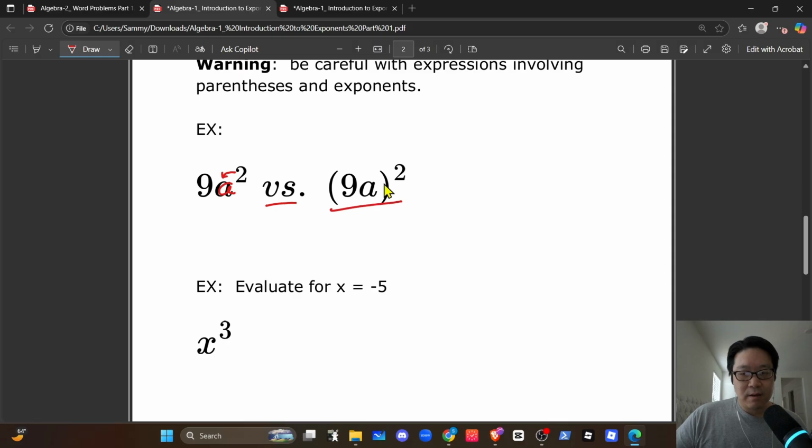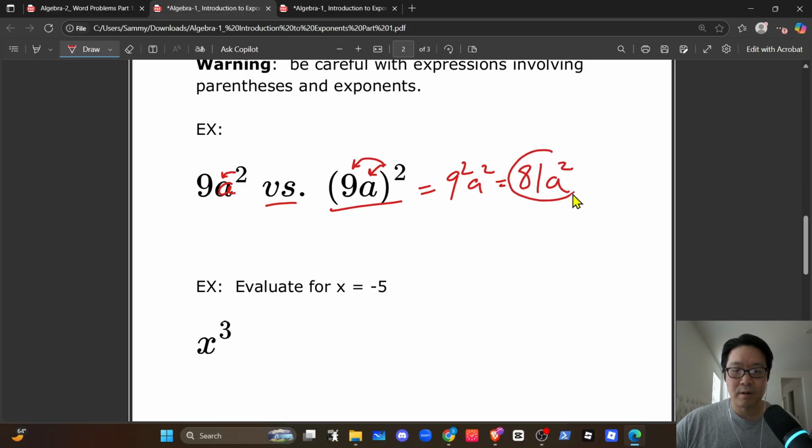In the second one, the exponent of 2 is getting applied to the 9 and to the a. So rewritten, it would be 9 squared and a squared, which is 81, 9 times 9. It's the same thing as 81a squared. So there's a difference between that and that.